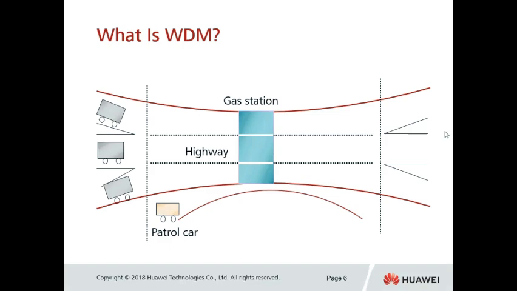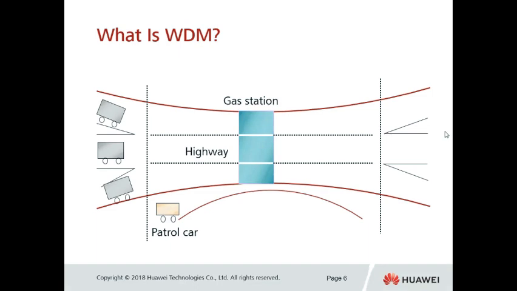Okay, and after we know the advantages of WDM, let's see what WDM is. We have a flash for you to show you the structure of a WDM network. In this flash, you can consider all these gray colored cars as customer service.